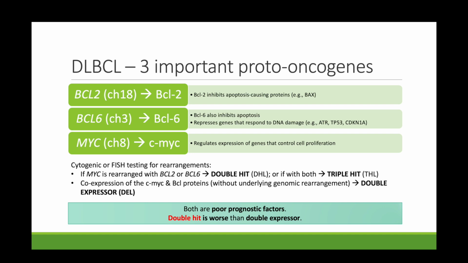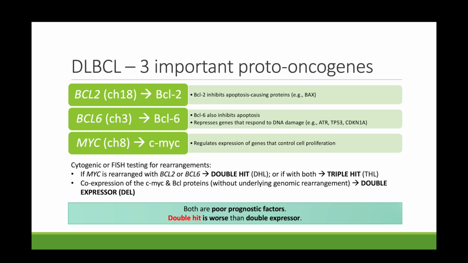Sometimes, however, instead of just a rearrangement, you can have co-expression of the c-Myc and BCL proteins without any underlying genomic rearrangement. So it's not a rearrangement, it's just a co-expression. And if that happens, it's known as a double expressor lymphoma.